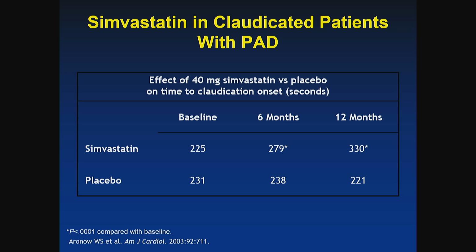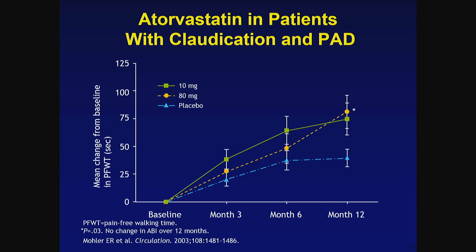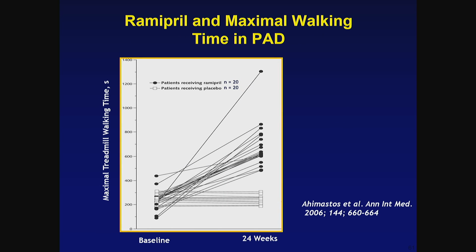Simvastatin and atorvastatin have been shown to improve walking distance in patients with claudication, as described in these two smaller trials. Similar results have been suggested with ramipril, though this study was small in number and has not been reproduced.